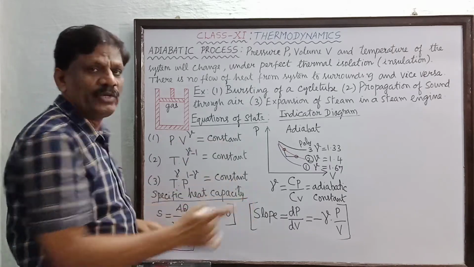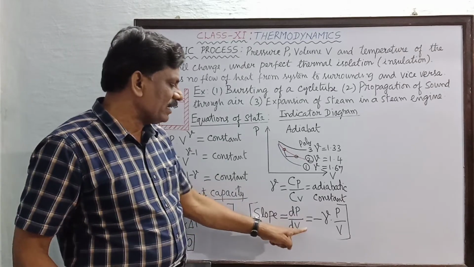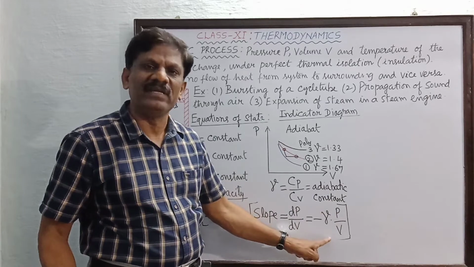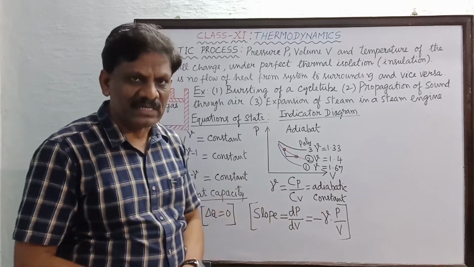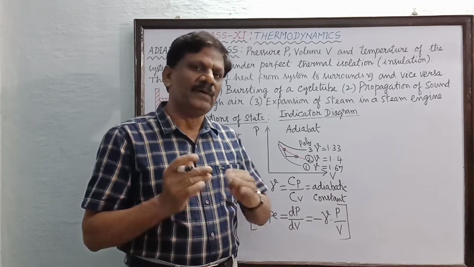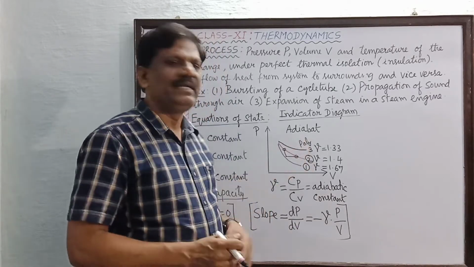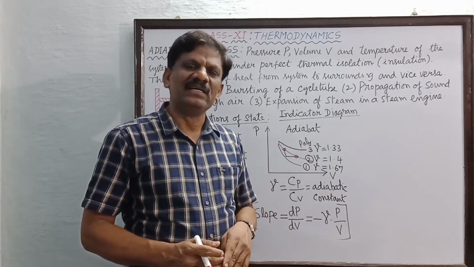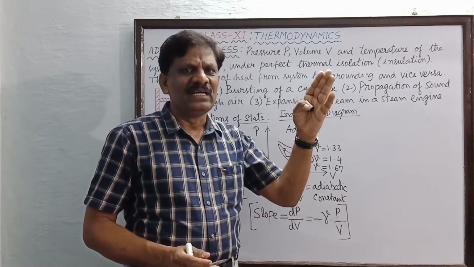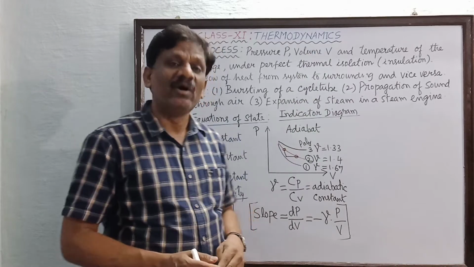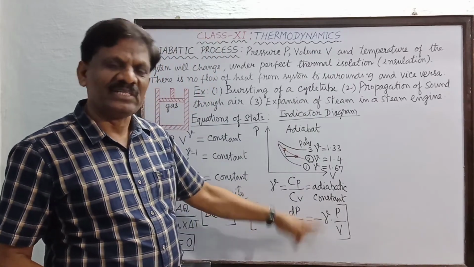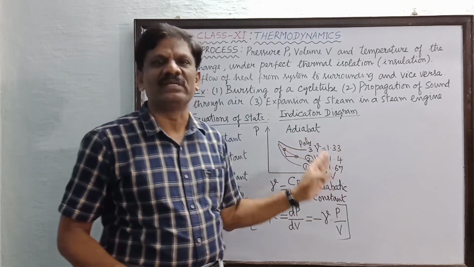When you differentiate, you will get dp by dv is equal to minus gamma times p divided by v. Whereas for isothermal, the slope is minus p by v only. So the slope of this adiabatic curve is steeper, greater than that of the isothermal curve. By how many times? Gamma times. This is very important information for competitive examination going students.